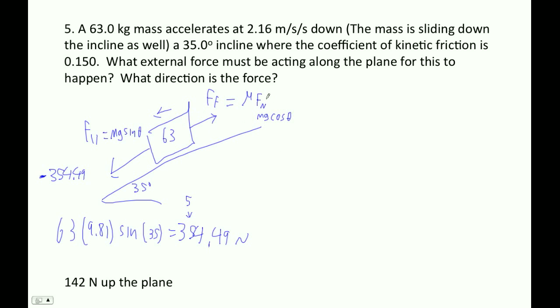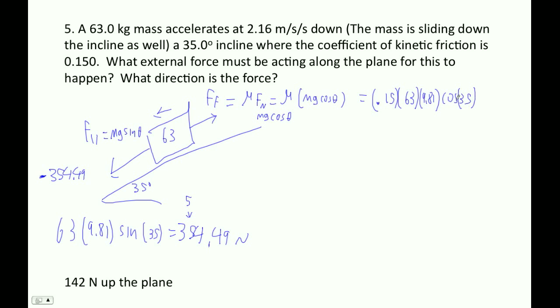So this ends up being mu times mg cos theta, right? So that's going to be 0.15 times 63 times 9.81 times cos 35. Ultimately, that's what it is, right?